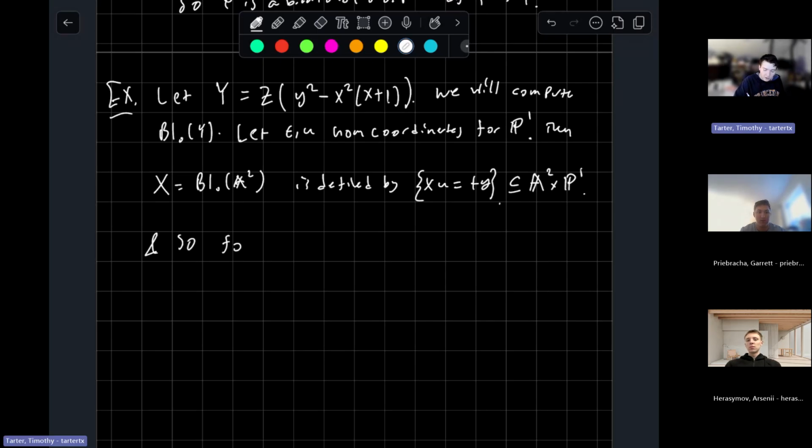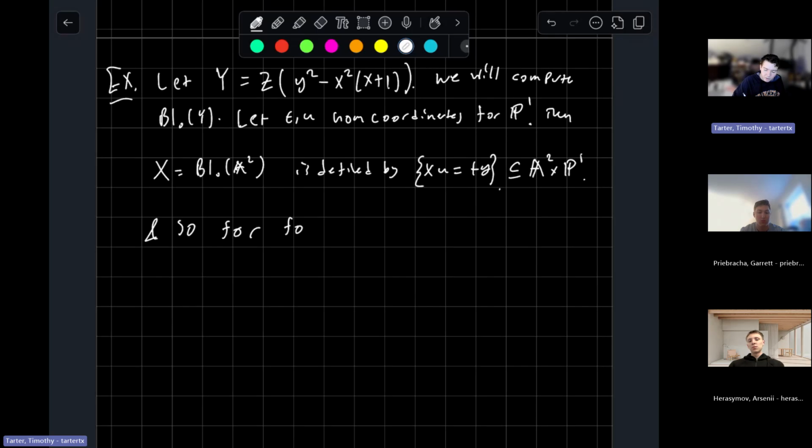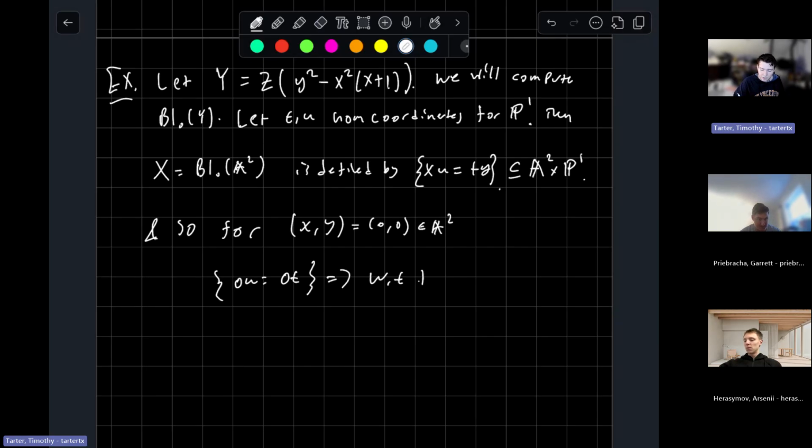And so basically, for xy equals 0, 0 in A2, well, 0u is equal to 0t, which implies that u and t take on all values in k, right, infinitely many solutions.